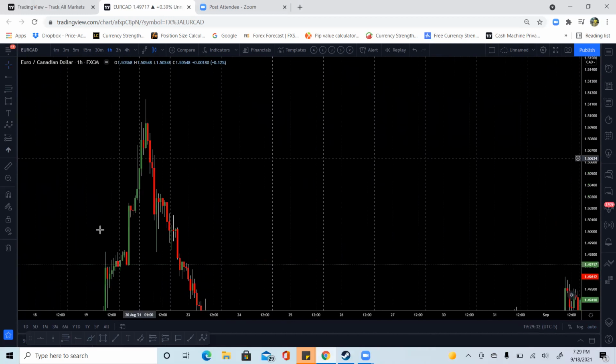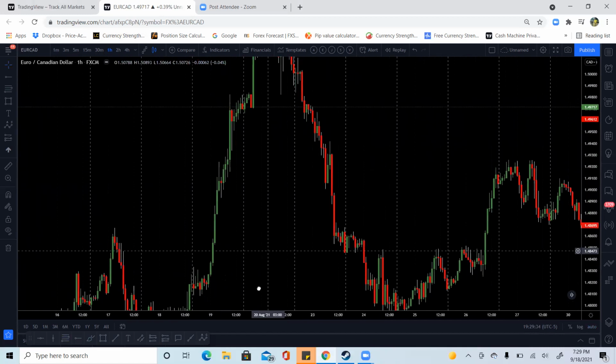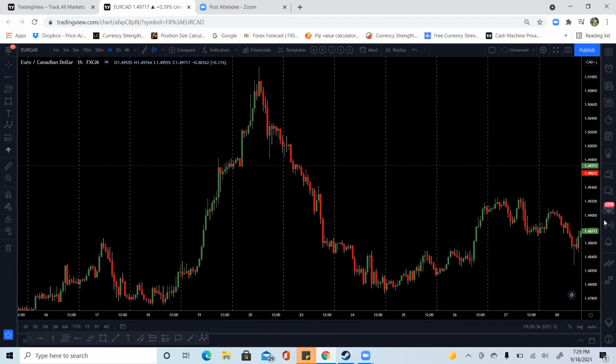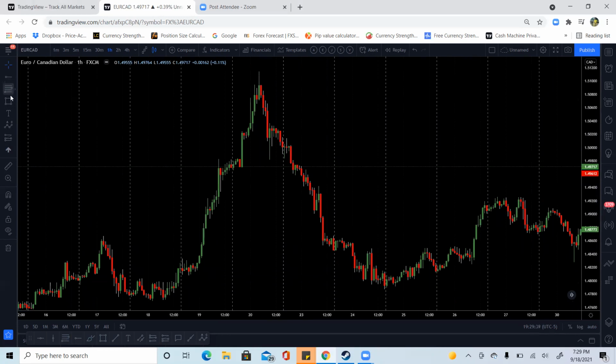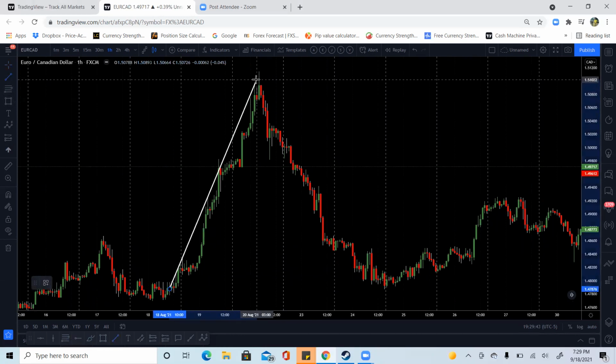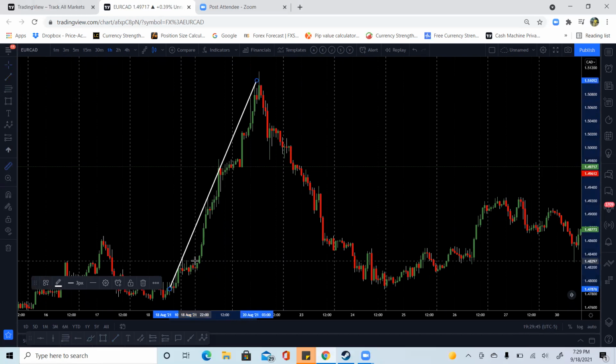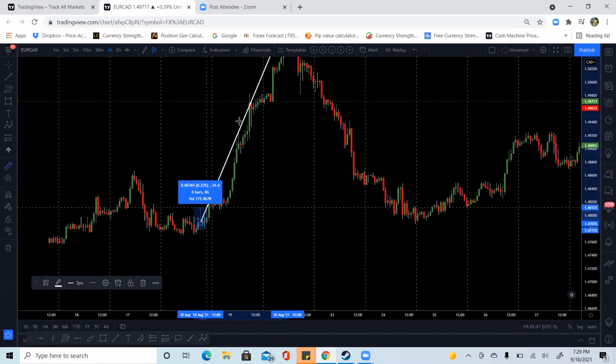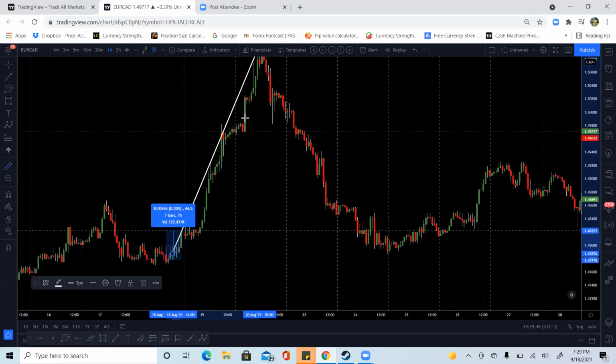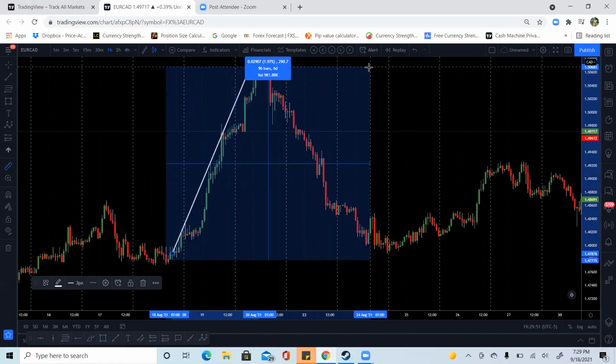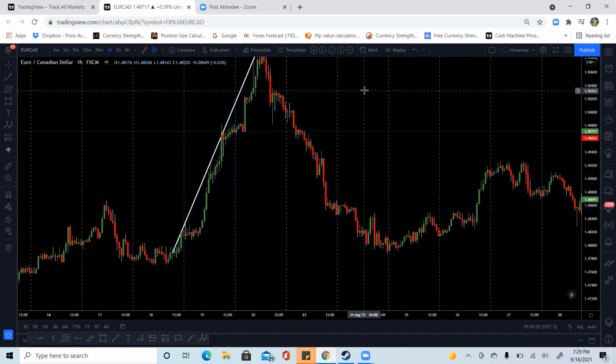So now that we go into the live market, we look for that. You see this large leg here. This large leg right here created what? 300 plus pips of movement. That's a lot of momentum.